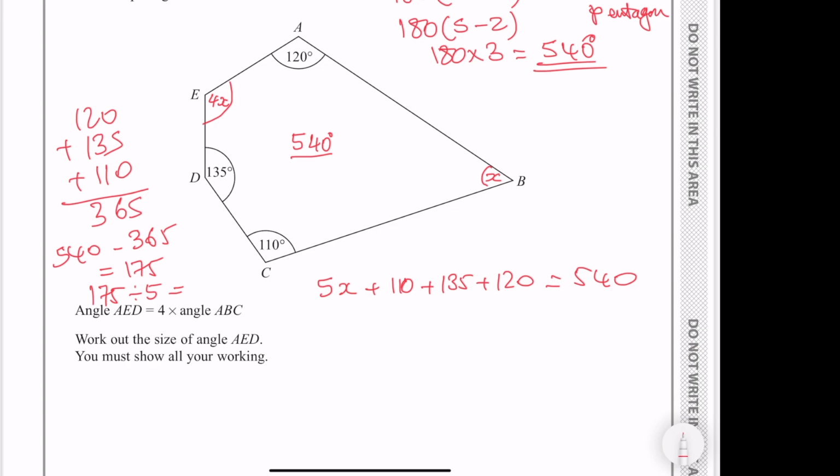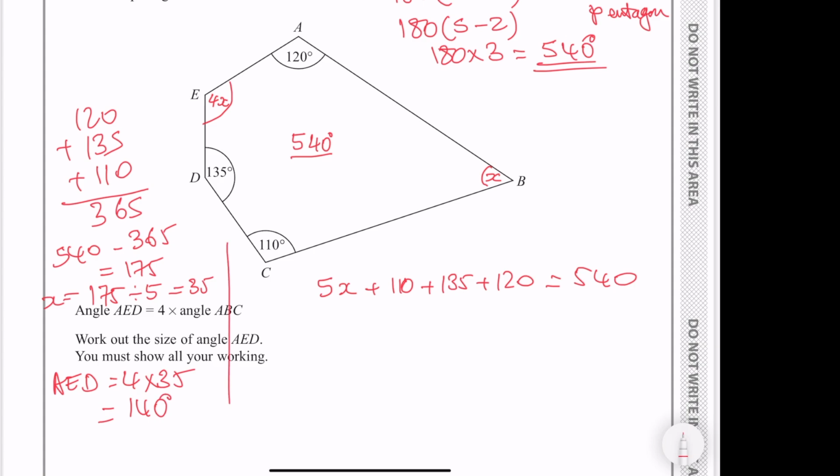So 175 divided by 5 equal to 35. And the angle at E is 4x, so this is x. So the angle AED is 4 times 35, which is 140 degrees. So this is one way how to do it.